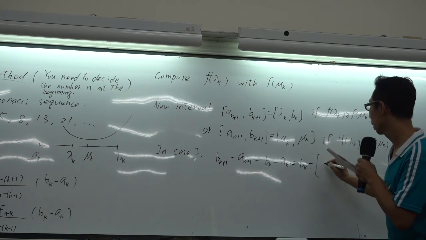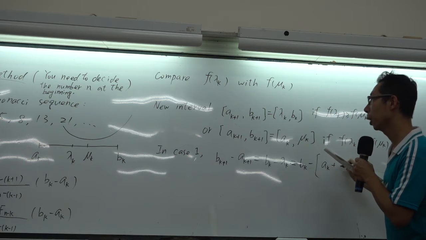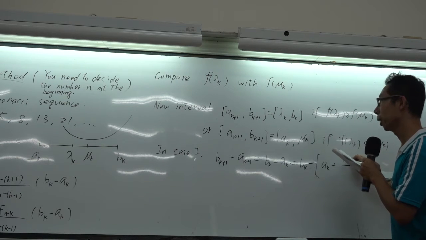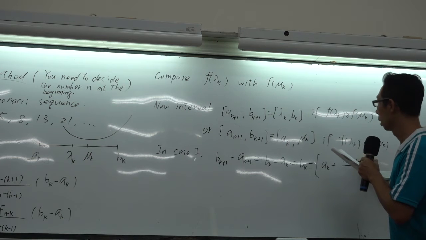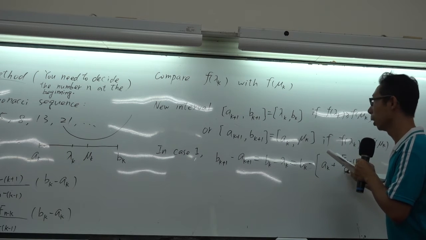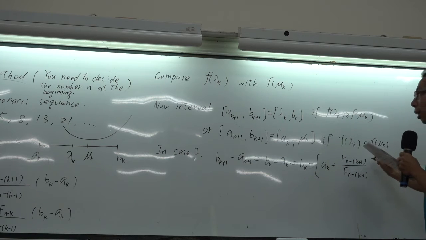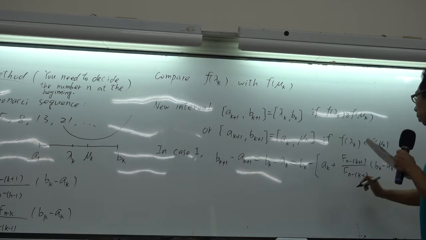Lambda k is a k plus F n minus k minus 1 over F n minus k plus 1, times b k minus a k. Okay, great.